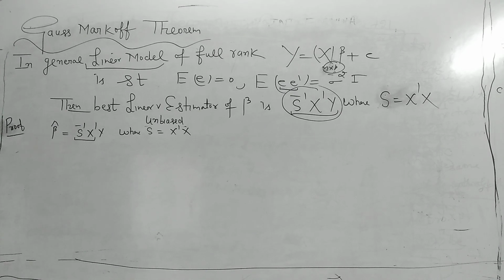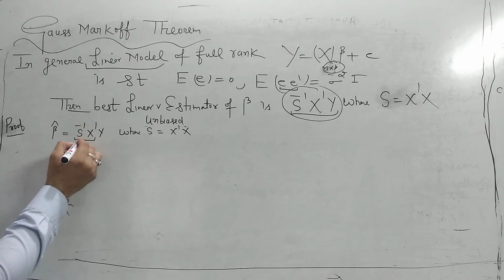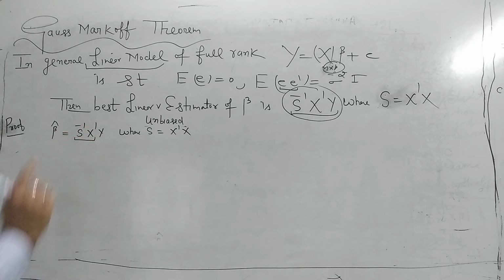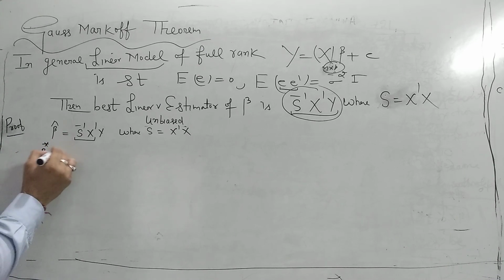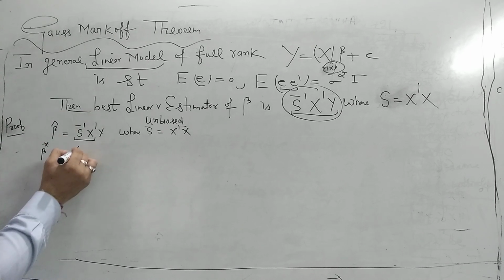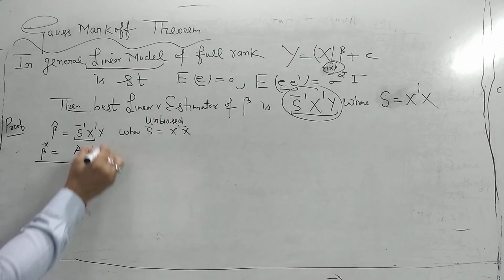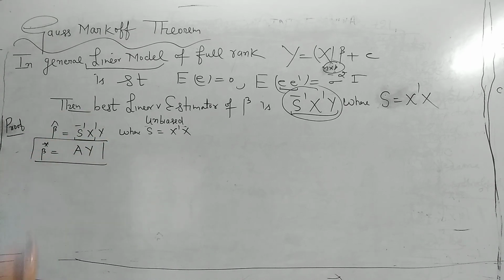Now we want to prove that this is the best estimator. Suppose A is some matrix of order p by n, and I take β star equal to Ay. So β star is some linear function of y, which we shall take as an estimate of β.